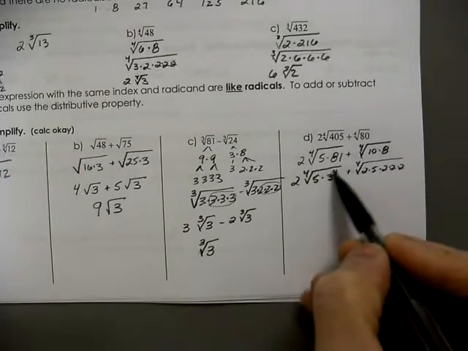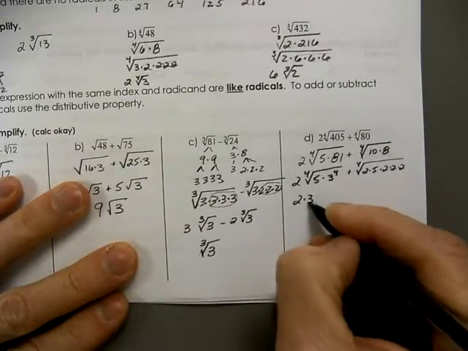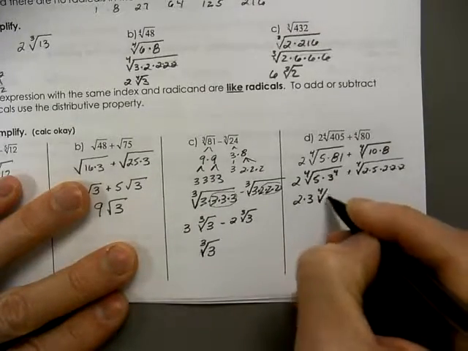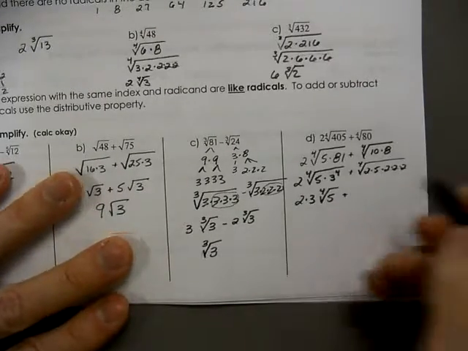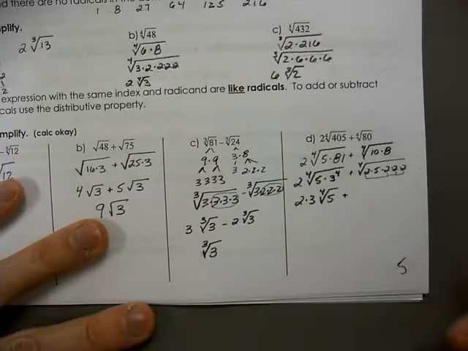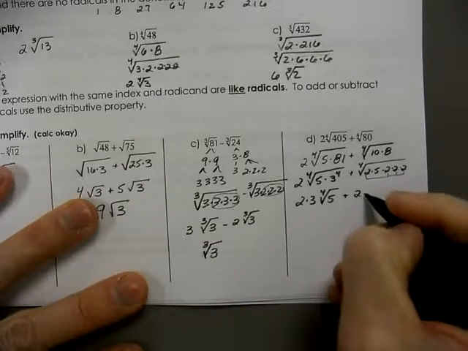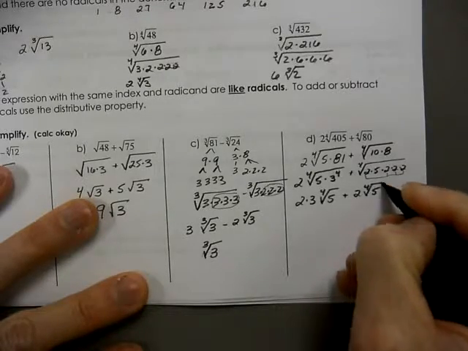So there's my 4 of a kind. So I'm going to say 2 times 3 with the 5 left inside. Here's my 4 of a kind. And look at that, the 5 is left inside.